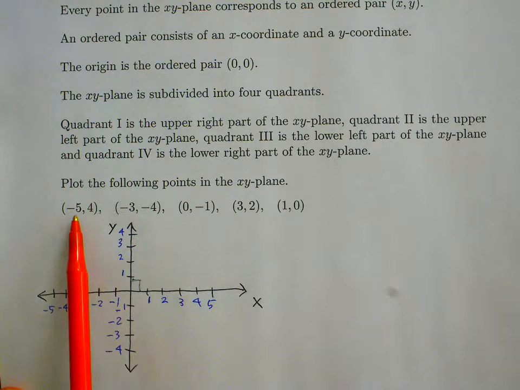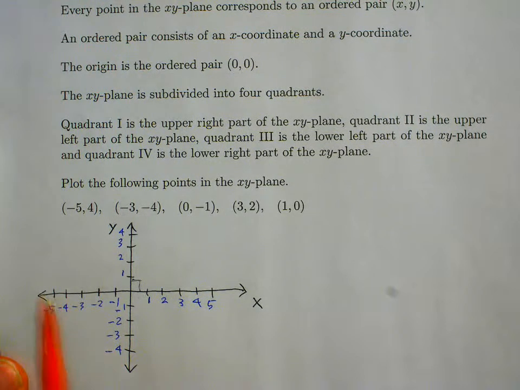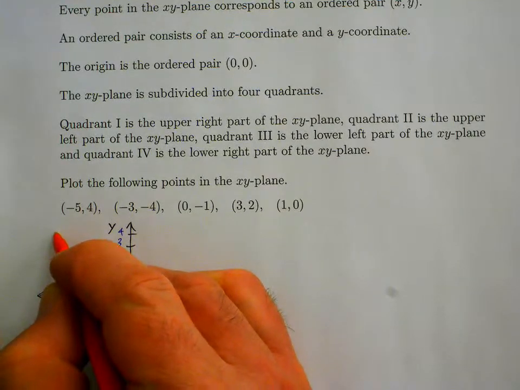The x-coordinate is -5, so from the origin we move on the x-axis in the negative direction until we get to -5. The y-coordinate of that point is +4, so that means from here we move vertically upwards 4 units, and we get this point.